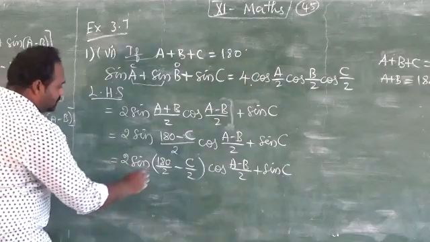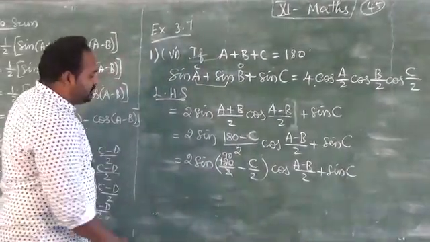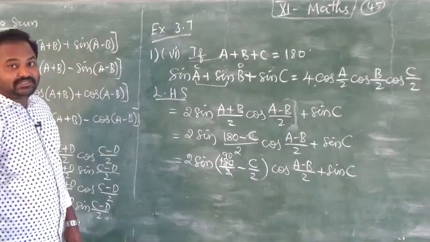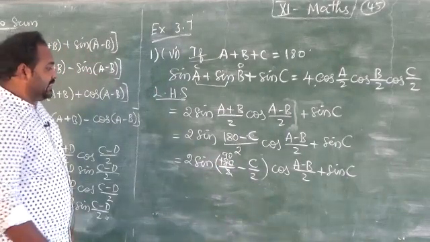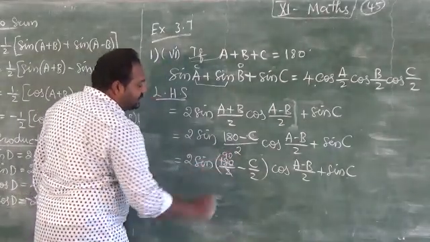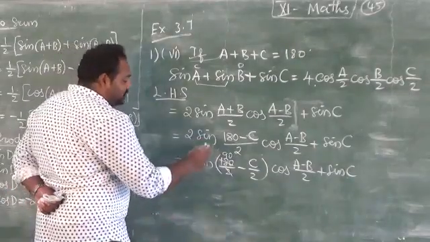Here 2 and 180 cancel, it will be 90. So it will be 90 minus theta, which is first quadrant, no changes in the sign. So only we have changes in the ratio because we have 90. So 90, if you see 90 here, 90 and 270, we have to change the co-ratio.